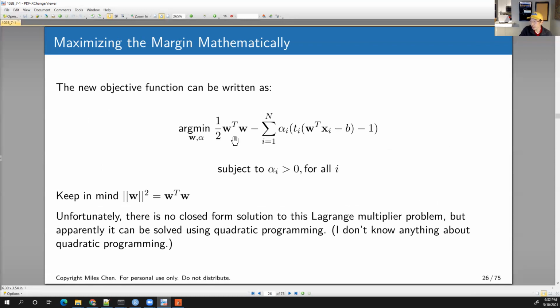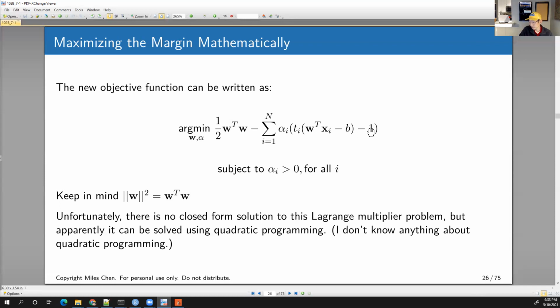Then we have a whole bunch of Lagrangian terms, which is basically the constraint that says all of the points still have to be correctly classified after whatever W you choose. So after whatever boundary vector you choose, all of the points still have to be correctly classified as either plus or minus.